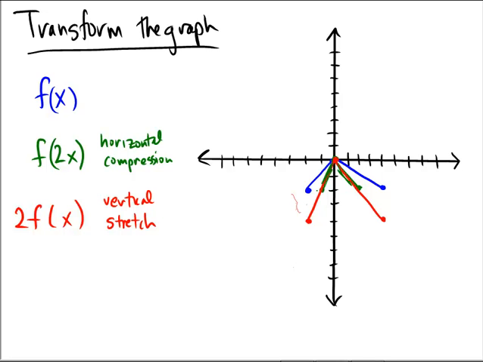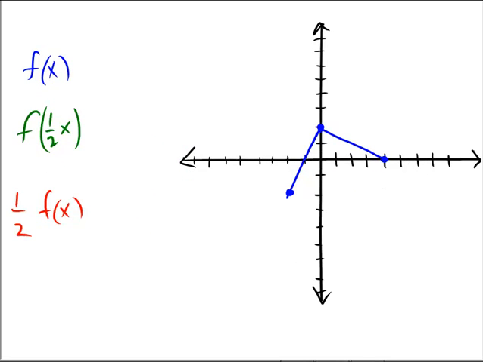So pause the video for a second and see if you can do these ones exactly backwards from what we just did, because they're going to go in the other directions. So assuming you paused here for a moment and tried it on your own, we now have an f of 1/2 of x. So before we had a horizontal compression, this is therefore going to be a horizontal stretch.